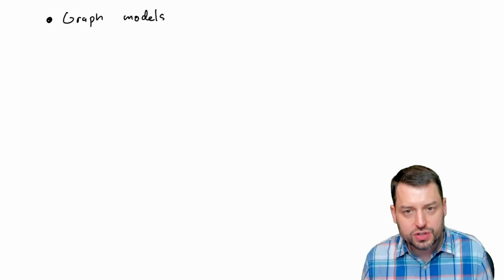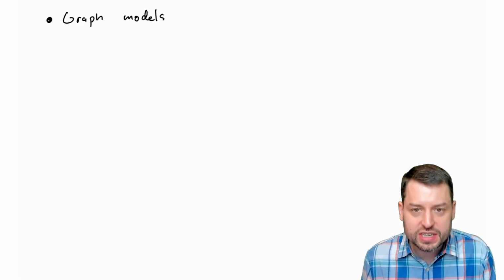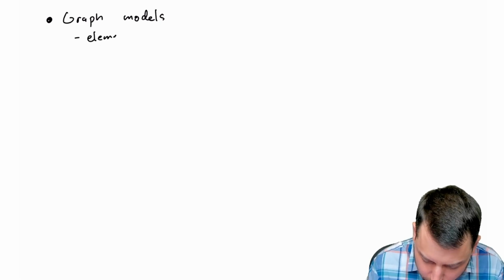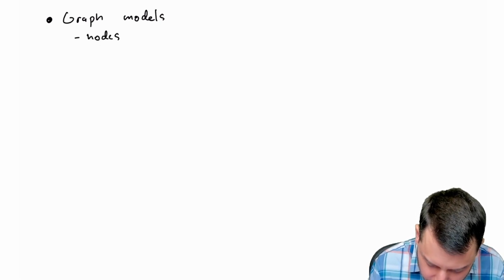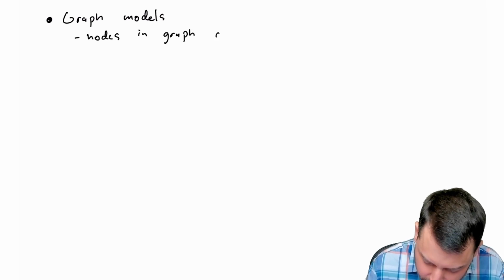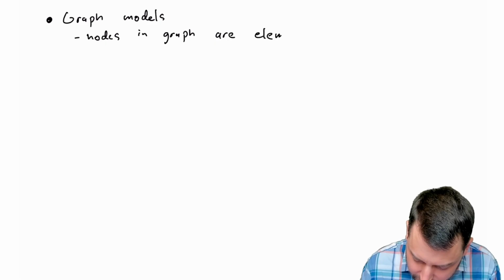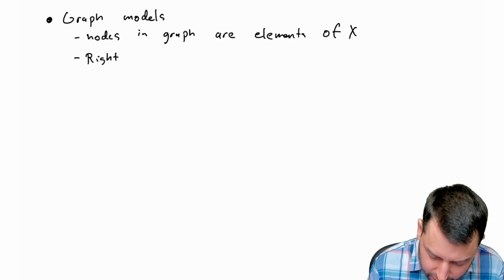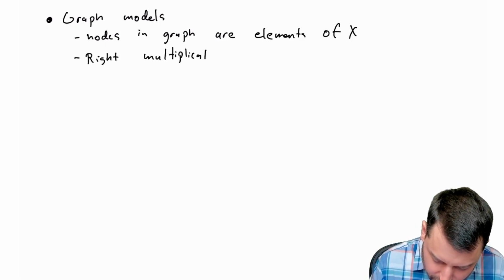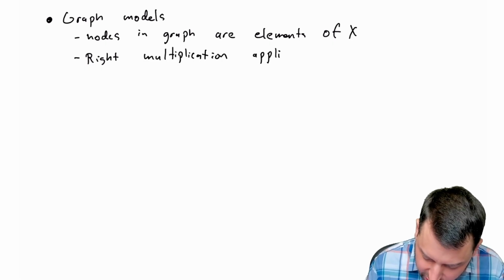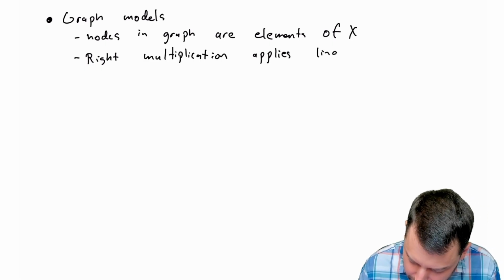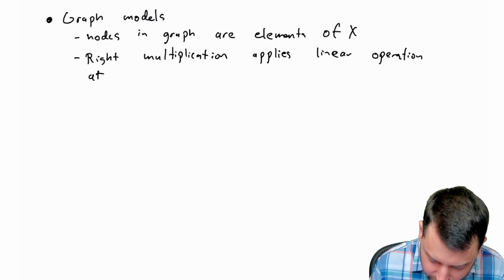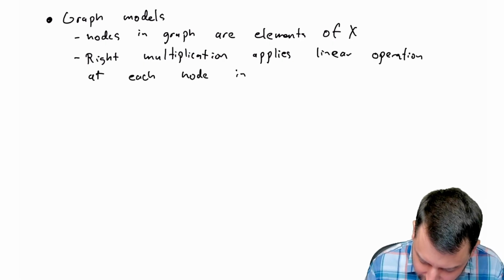You represent the nodes of the network, the vertices of a network, as elements of X. So nodes in the graph are elements of X, and then right multiplication applies linear operations at each node independently.